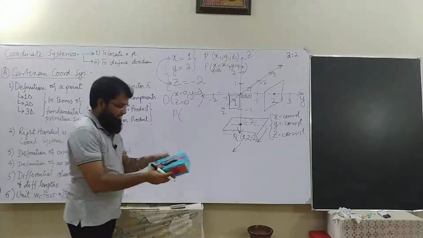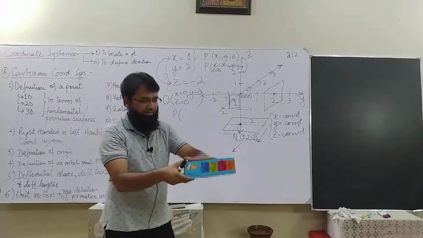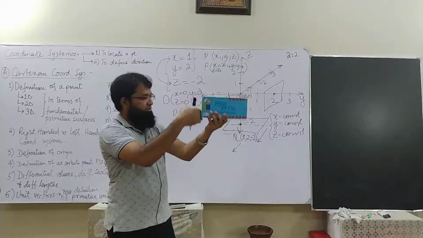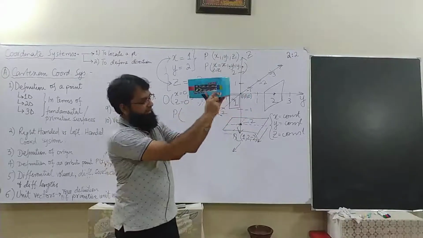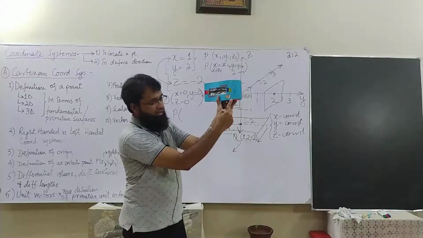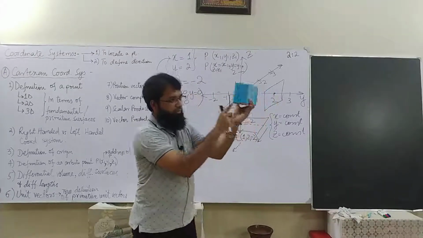So let's say this portion from which we pop out our tissue papers is x equals 0, this one is y equals 0, and this one is z equals 0, then these three planes join together or intersect each other at the point of origin.